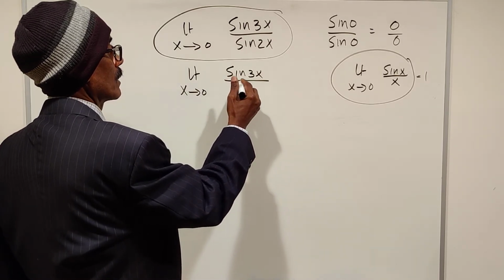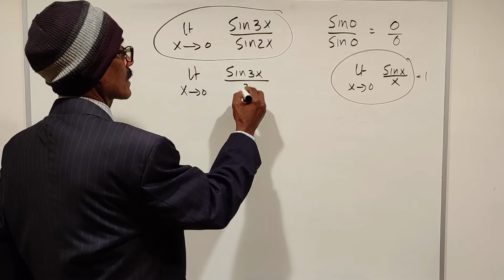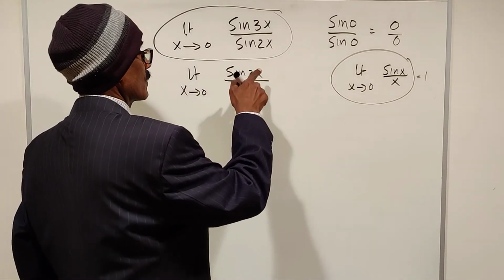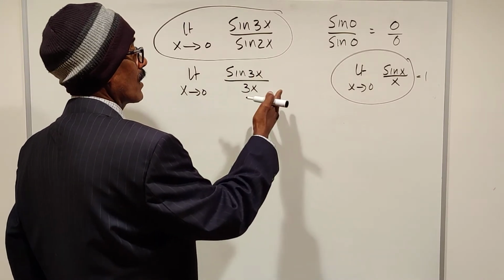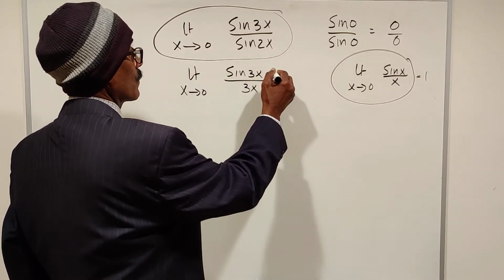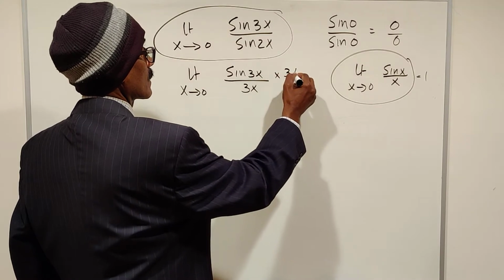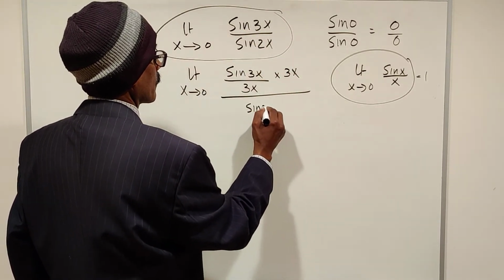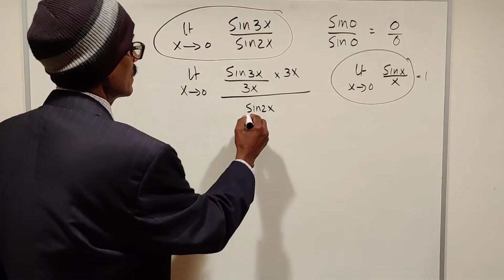That is 3x, right? Sine 3x by 3x is 1. So this one will change the function, so we need to multiply with 3x. Then divided by sine 2x.